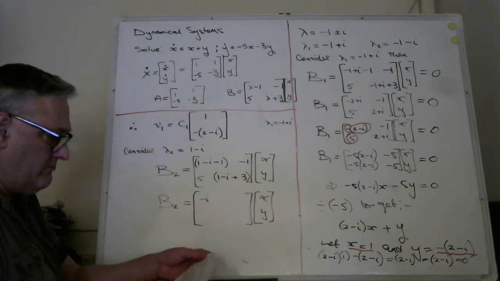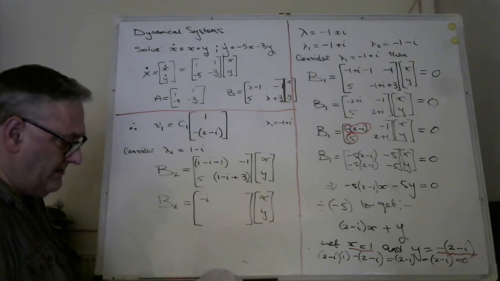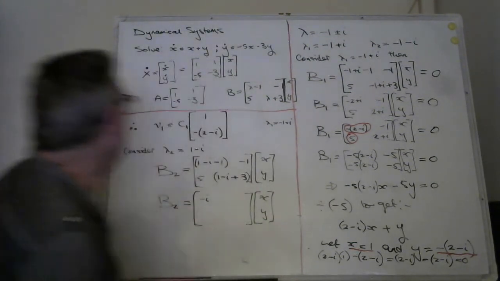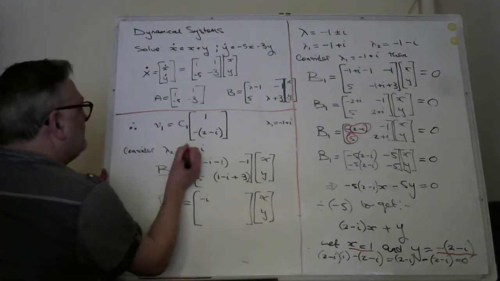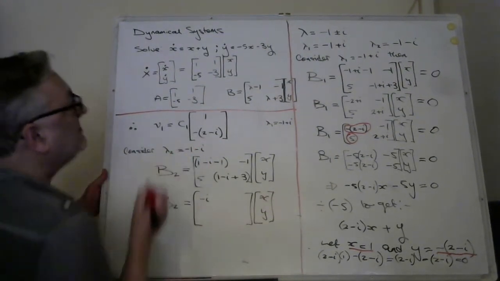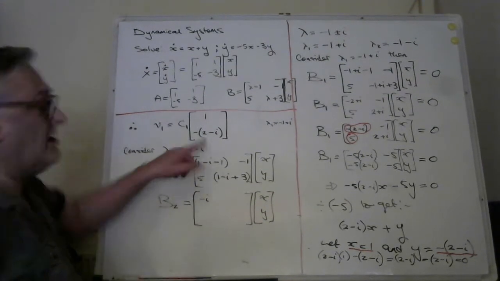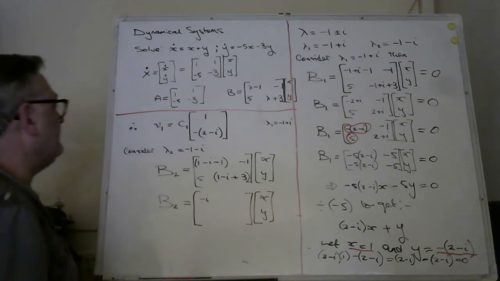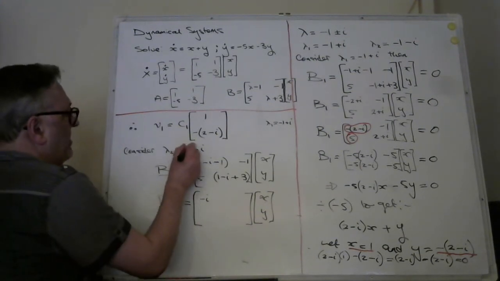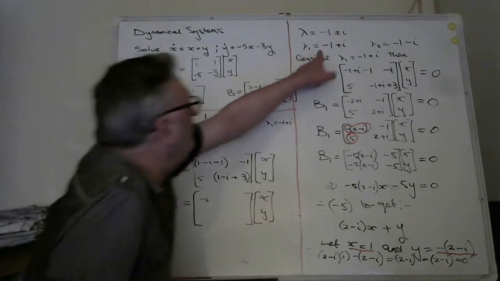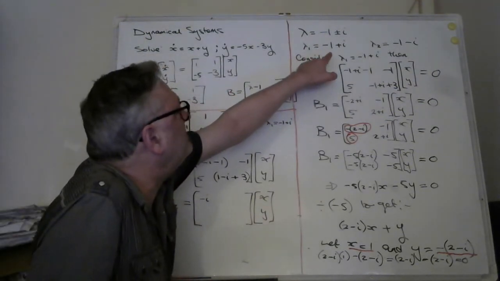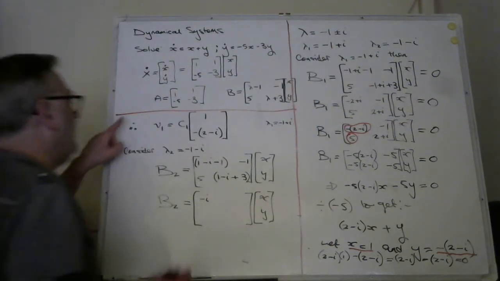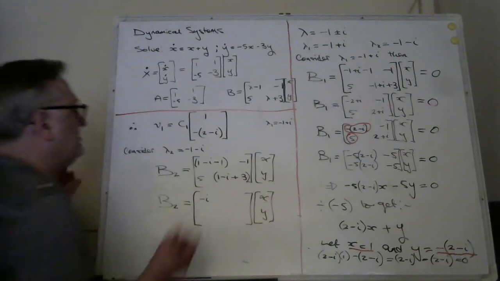Oh yeah, sorry, that's minus 1 minus i. Do you see how I make mistakes with plus and minus signs? I've forgotten to include the minus sign in front of the 1. Given that we've got lambda 1 is equal to minus 1 plus i, and lambda 2 is equal to minus 1 minus i. This is the case for lambda 2, which is minus 1 minus i.